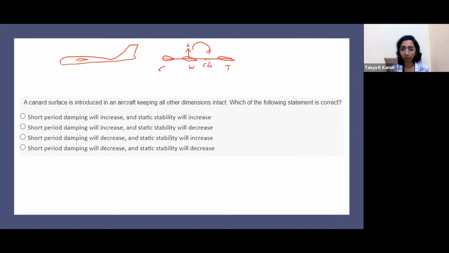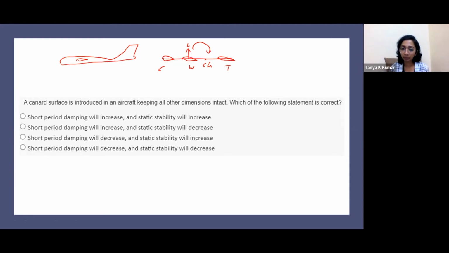It is pitch up, and there is no restoring moment, so it doesn't contribute towards stability. If your aircraft has a positive angle of attack, it is nose up, there is a positive lift at the wing, and it contributes again to pitch up. It's not a restoring moment.